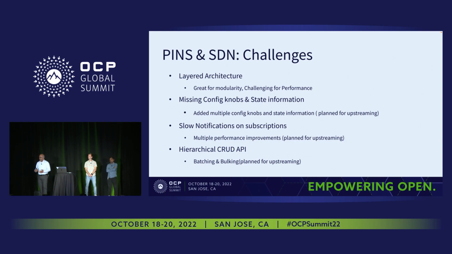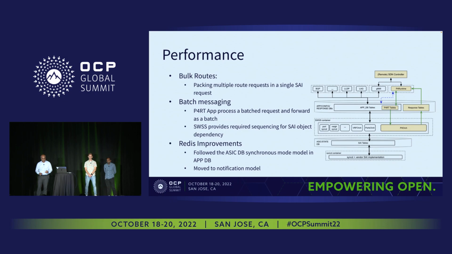We also encountered the problem of slow notification path in the switch, and we have done a lot of performance improvements on that. And lastly, the hierarchical CRUD API in SAI and SONiC is also a cause for slowdown, and that's some place where we have done some changes.